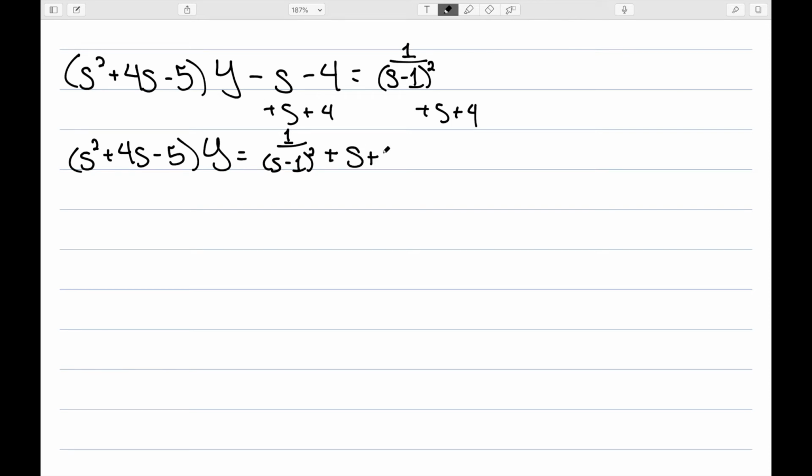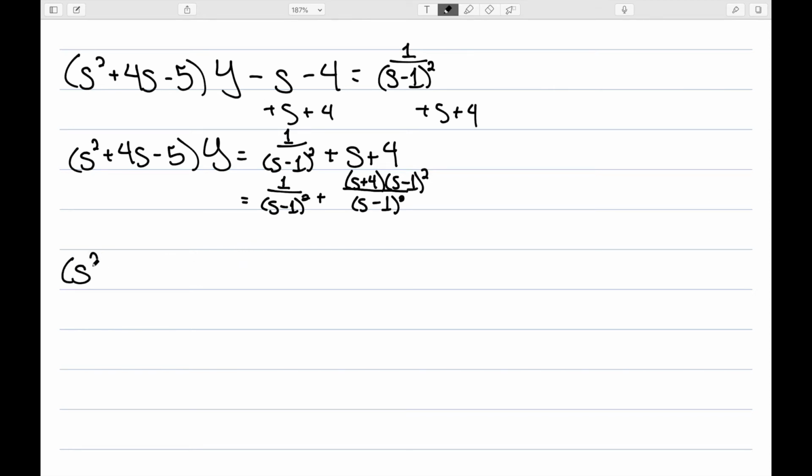plus s plus 4. I need to go ahead and combine this into one fraction. So this is 1 over s minus 1 squared, plus, we need the common denominator of s minus 1 squared. So the top is going to be s plus 4 times s minus 1 squared.